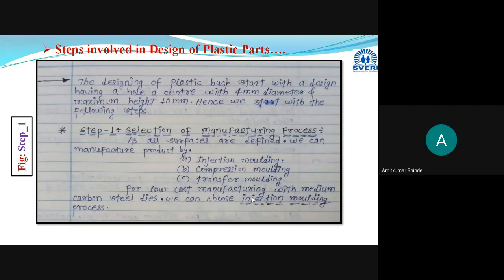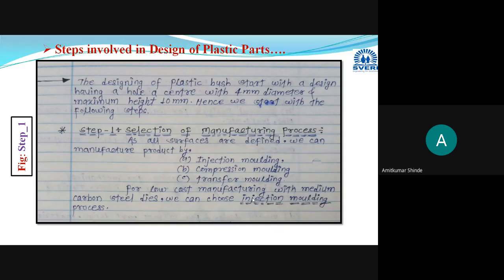Then the next, note down this. You can note it down as step one, selection of the manufacturing process. And here you can write that three methods can be used, as you can see easily in this slide.